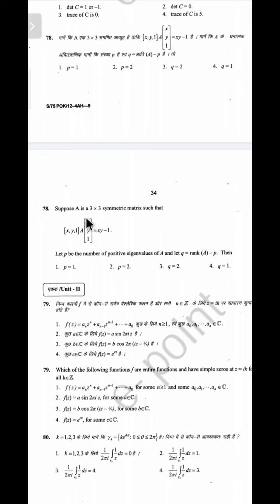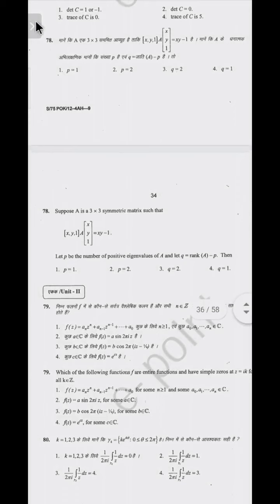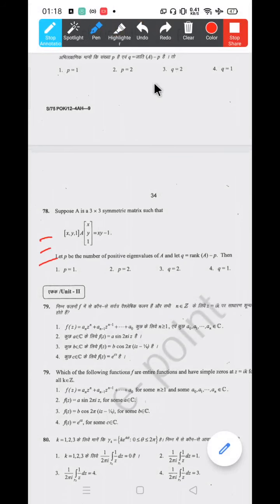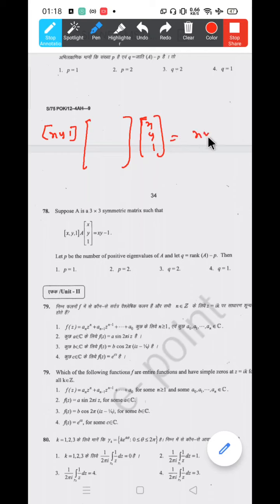So let us see. This is xy1, this will be your matrix, and this is again xy1. This is giving me xy minus 1. P is the number of positive eigenvalues of A. One thing is true: if P equal to 1, then Q will be 2.